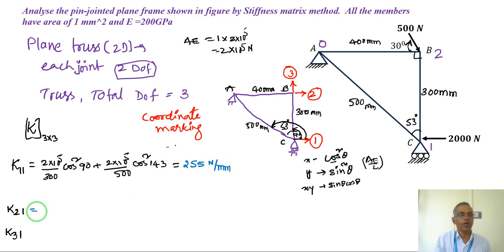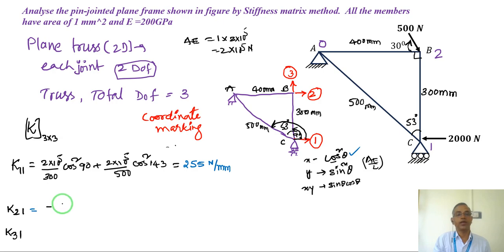So K21. Now see K21. So I have 1 here. Now 1 here and 2 here. Both are same x direction. So again cos square. Now 1 to 2 to 1, how many members are there? Only 1 member will be there. That is why summation is not required. And 1 to 2, since it is the far end, the effect of 2 will become far end, so we'll take a minus.